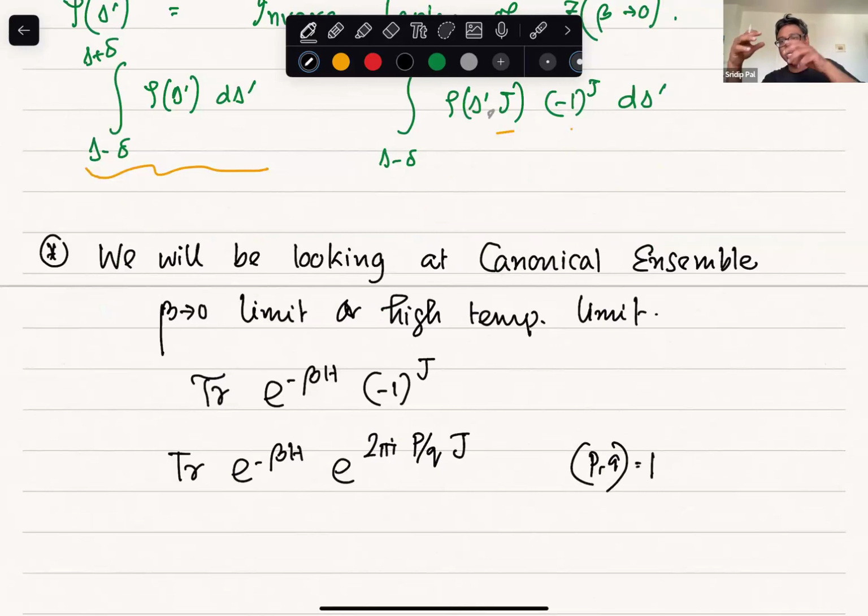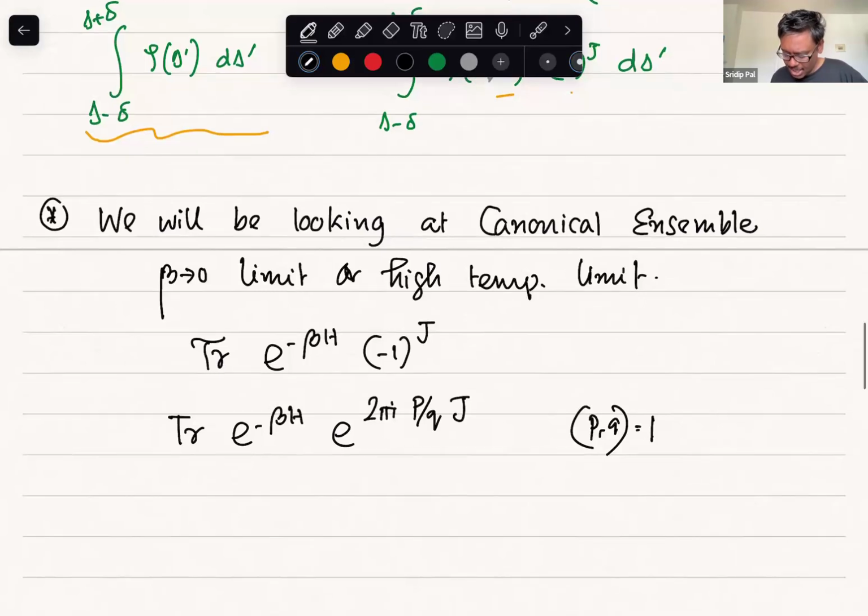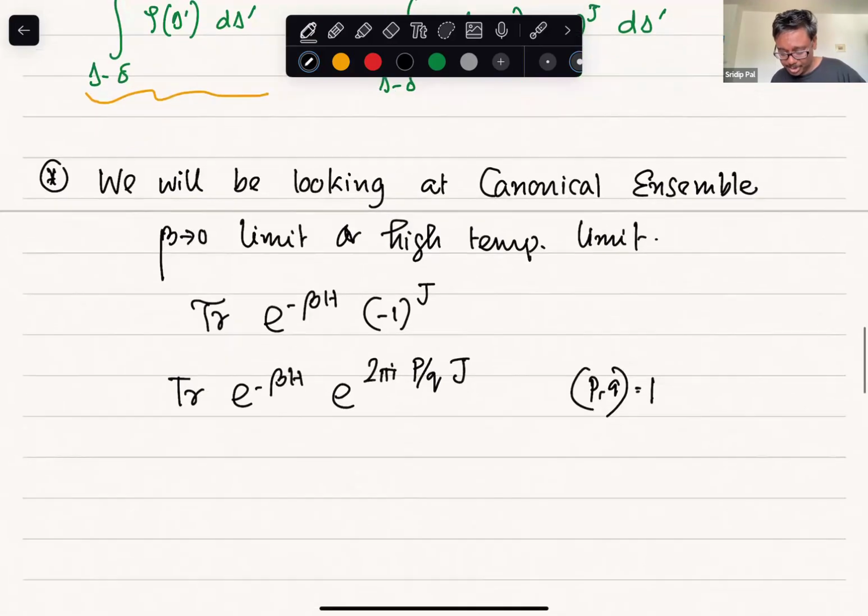So this is some rational number written in terms of two coprime numbers. And when p/q is one half, we get (-1)^j.